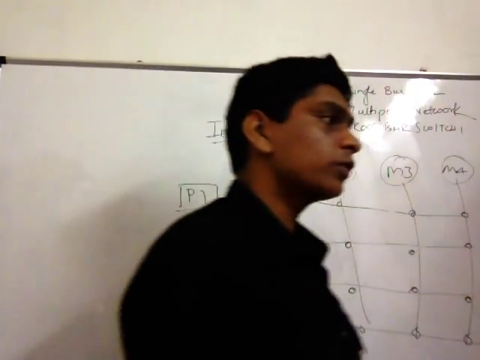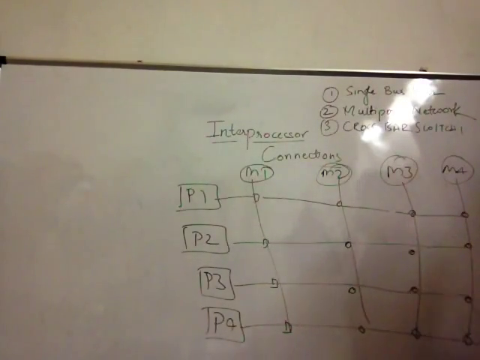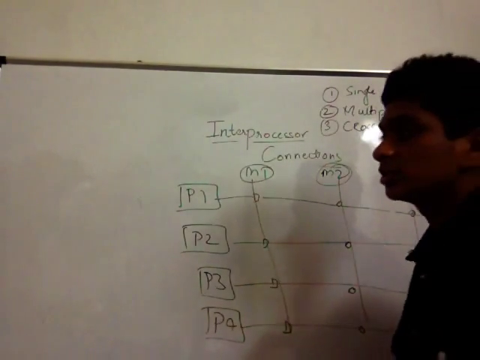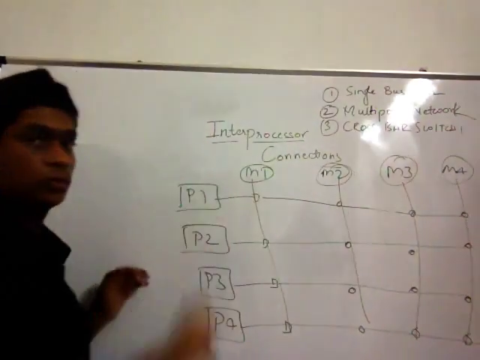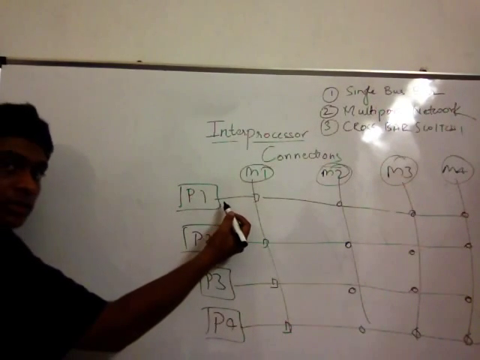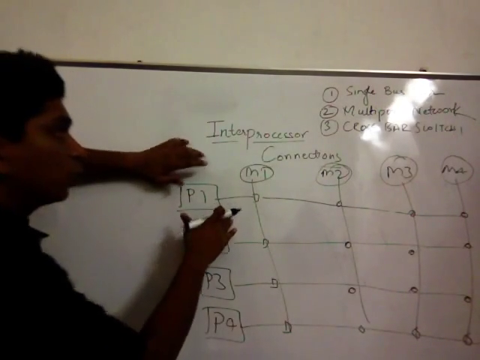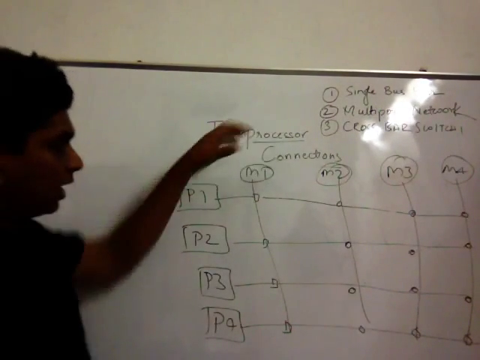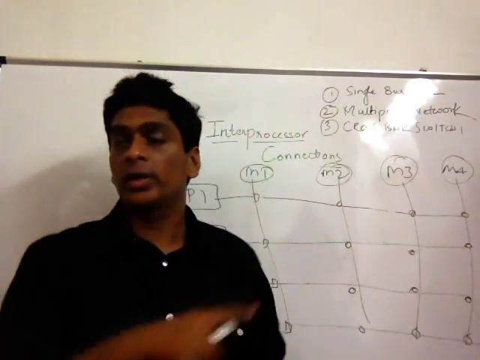So what is the purpose of the switch? The switch has a logic, a multiplexer, which determines what actually should be passing through. So if I want processor 1 to communicate with module 1, this switch is going to give processor 1 to module 1.